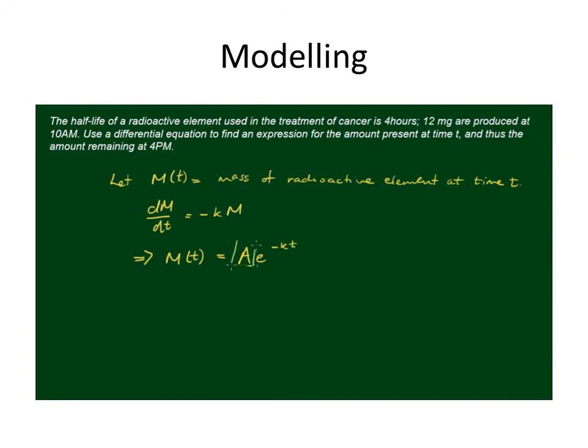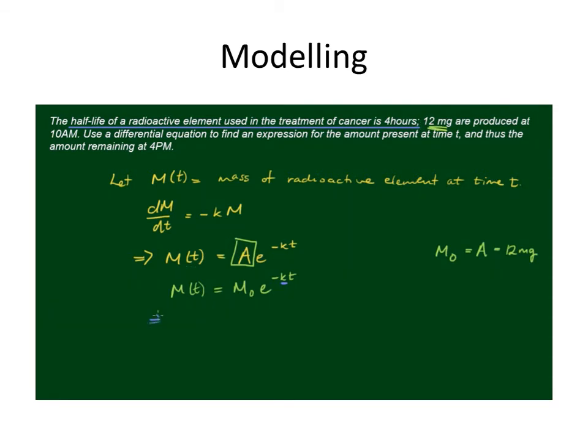Now a is always equal to the initial amount, the amount that we start off with, which is 12 milligrams. For now I'm going to leave it in symbol form. Let M0, the initial mass, equal a, which will numerically equal 12 milligrams. So I'll rewrite the equation as M(t) equals M0 e to the negative kt. To work out the decay constant k, we consider the half-life that we're given, which is 4 hours.